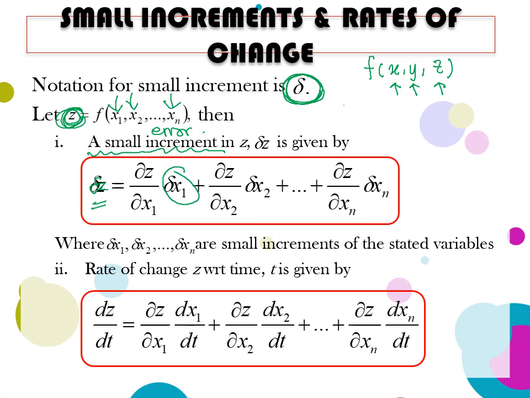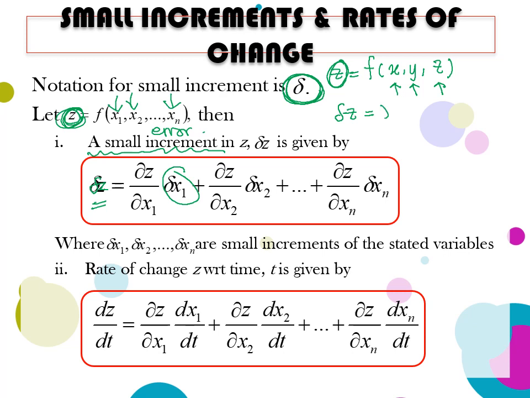Okay, so let us assume this is equal to z. If you want to find the increment or the error in function z here, this is equivalent to partially differentiating your f, or your z here, because we denote your function f with z.